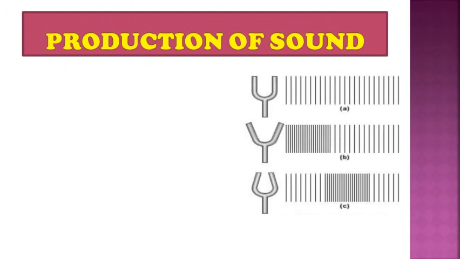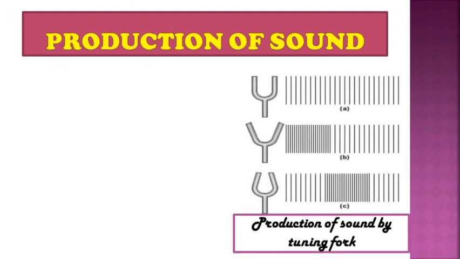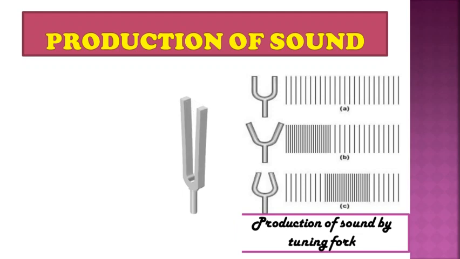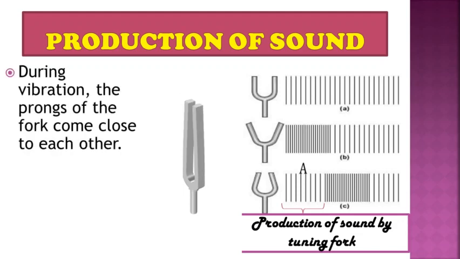Again this is the same picture. We have done the A and B parts. Now we will see how the production of sound takes place at C. In the next step of vibration, the prongs of the fork come close to each other. In the C part, the air molecules near the prongs get more space to move away from each other.